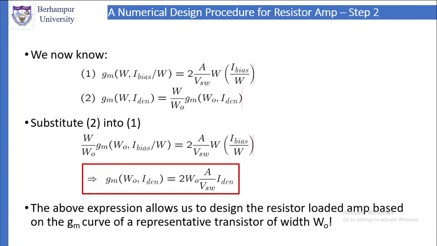Once you cancel out W and multiply both sides by W0, we get gm of W0 and I density, where I density is I bias by W, equal to 2 times W0 A by VSW into I density. So we can relate this equation. This expression allows us to design the resistor loaded amplifier based on the gm curve of a representative transistor. If you know the gm curve of any representative transistor of width W0, it is possible to design a resistor loaded amplifier.